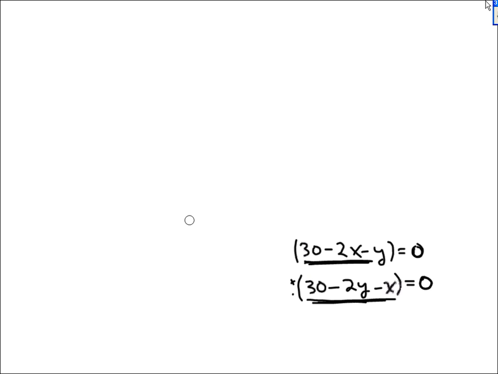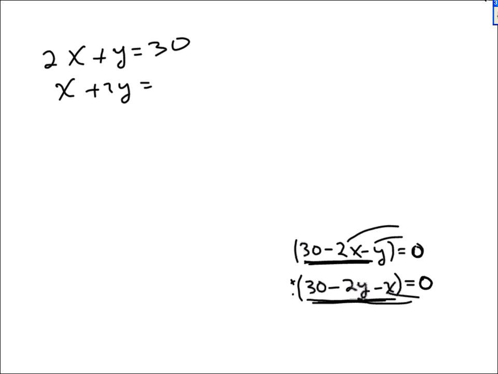So, we want to solve this. I'll bring these terms over to the other side, because they're positives. 2x plus y is 30. And I'll write x first. x plus 2y is 30 from the second equation.